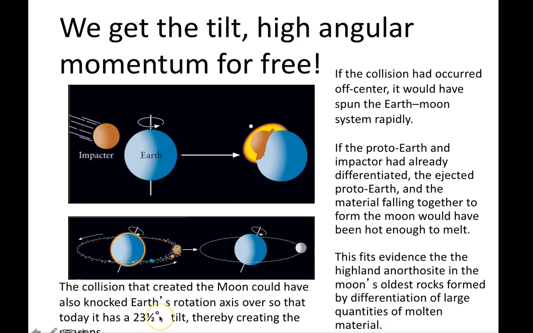So 23.5 degrees is quite a bit different than 0, which is what we see with Jupiter and Saturn, and Neptune for that reason. But if we have an impactor that's coming off axis a little bit, doesn't graze it, but hits it off onto the side, then we can create something with a large angular momentum, as well as a tilt. And then we get the moon as well.